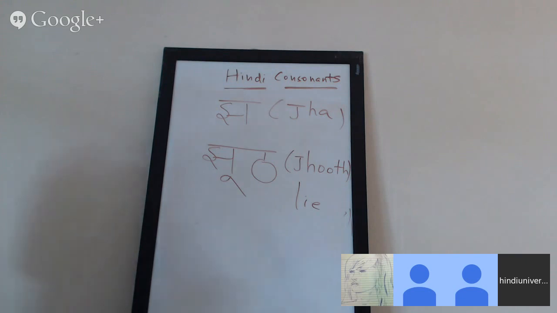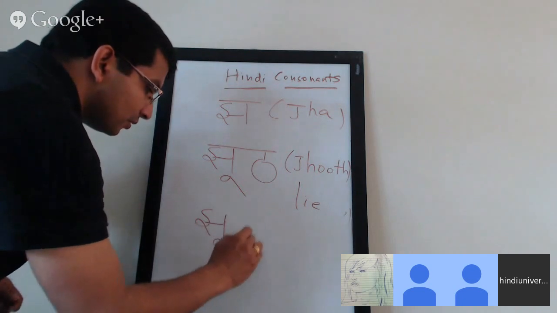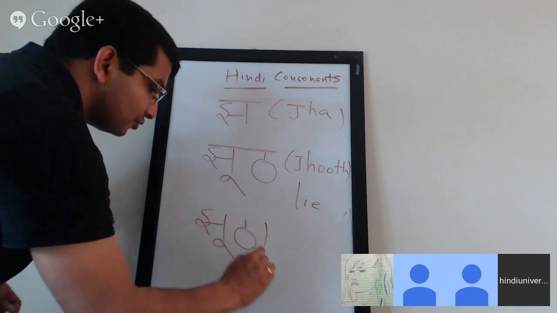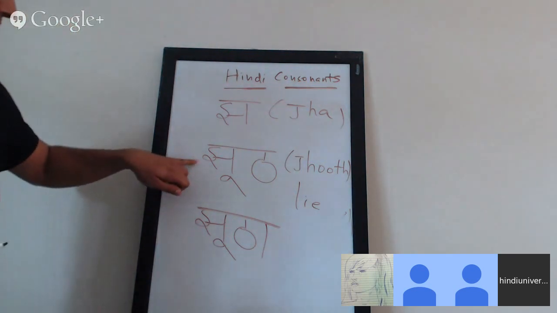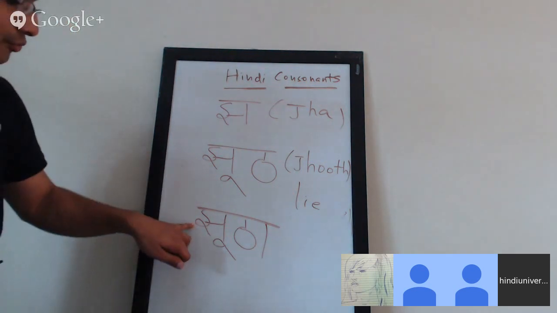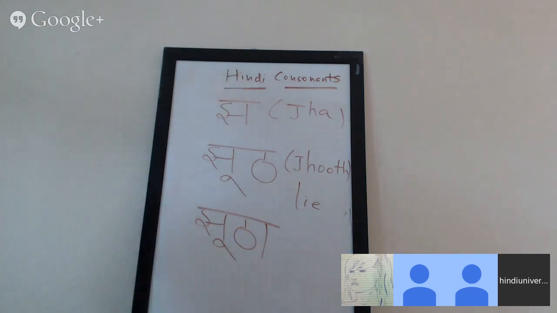Okay. What about, so this is jhooth, jhootha. So you have jhooth here, a noun. Now you have jhootha. I just put an a. Can you think of what it would mean? Jhootha. Very good.